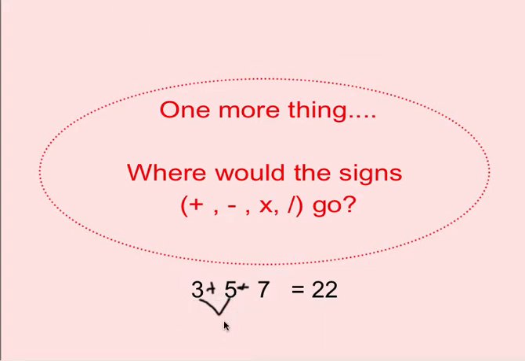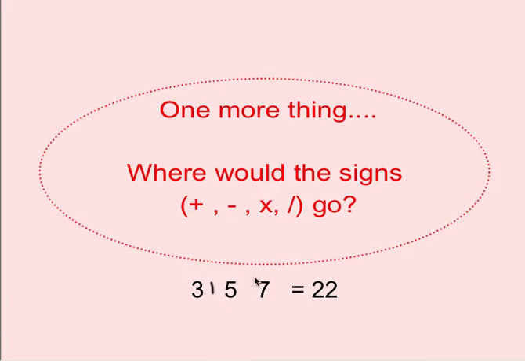So 3 plus 5 gives me 8. And then I just rewrite the numbers. Plus 7. Well, that only gets me to 15. So I know that can't be it. So now we gotta try something else.